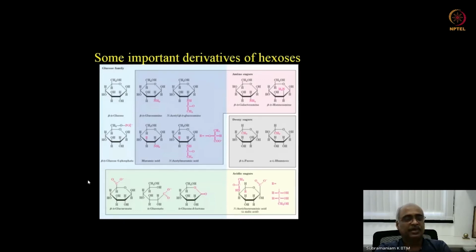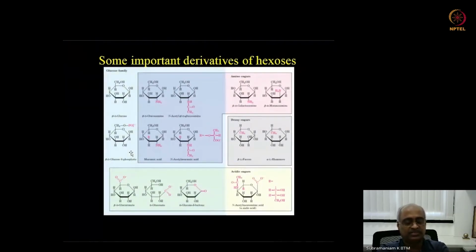And in addition, you may have phosphate groups. These phosphorylated versions are very important because the phosphorylated versions do not readily get out of the cells. It helps in trapping the monosaccharides in the cytoplasm because there are no transporters for phosphorylated versions.